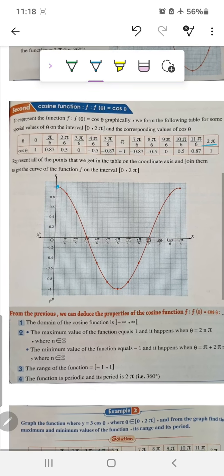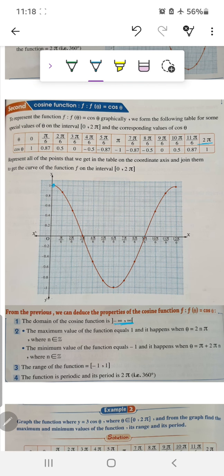Also we have the domain from -infinity to infinity. We have here a maximum value which is 1, a minimum value which is -1, and the range, as we said, the coefficient of cosine is 1, so the range will be -1 to 1, and the function is periodic and its period is 2 pi which is 360.